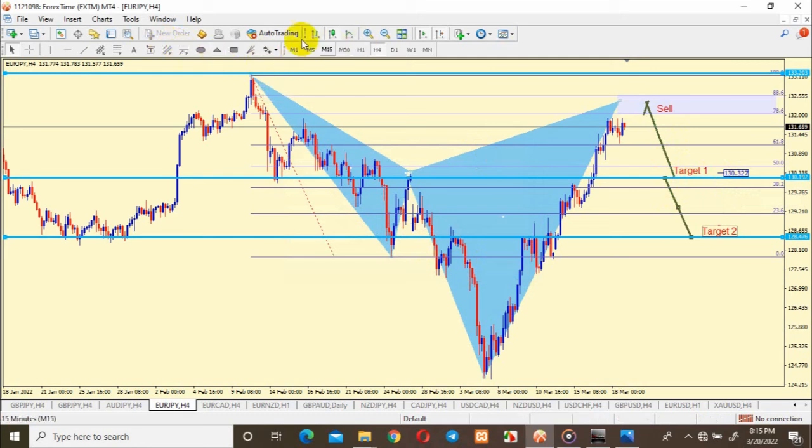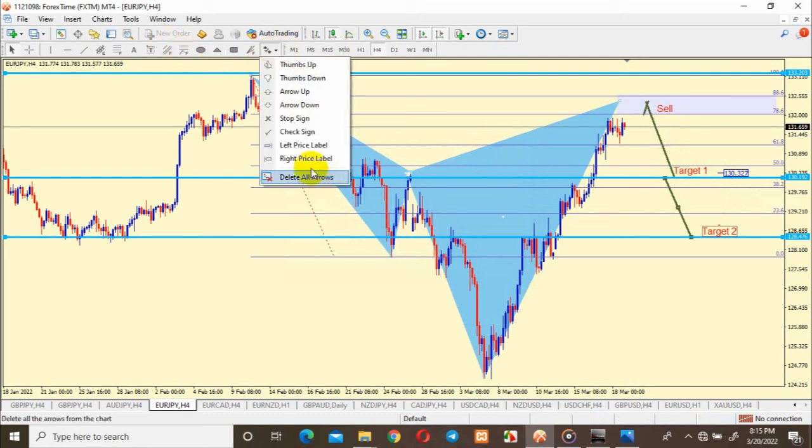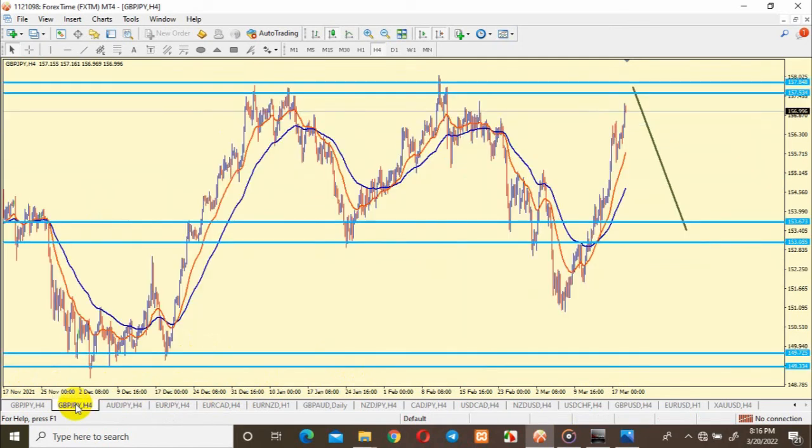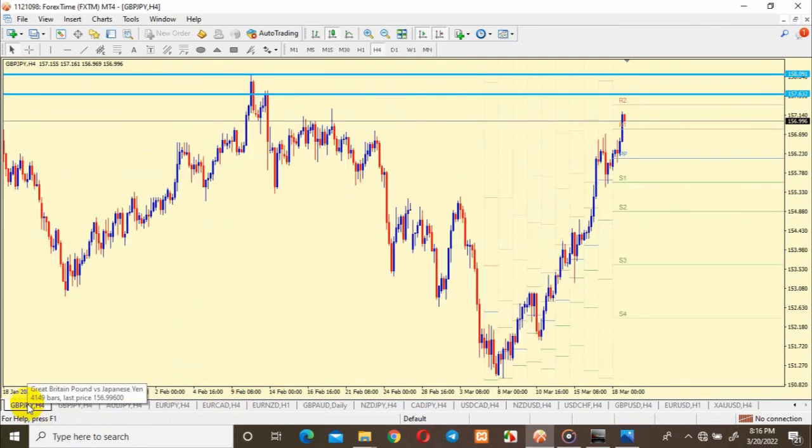Our target 2 should be around this zone. Okay, that is for Euro JPY. I saw these guys having similar pattern there.